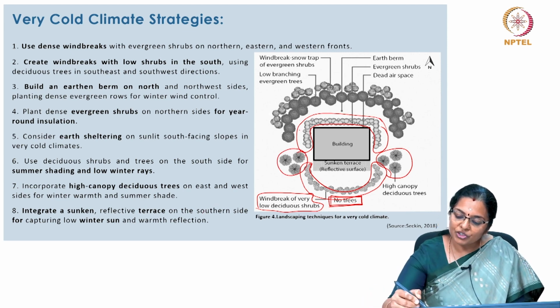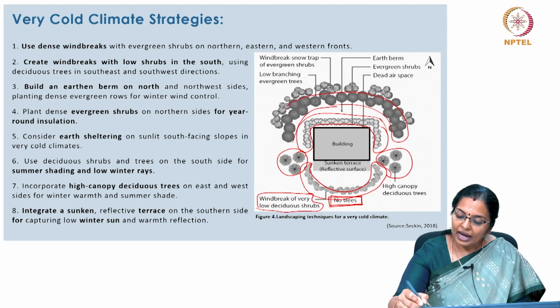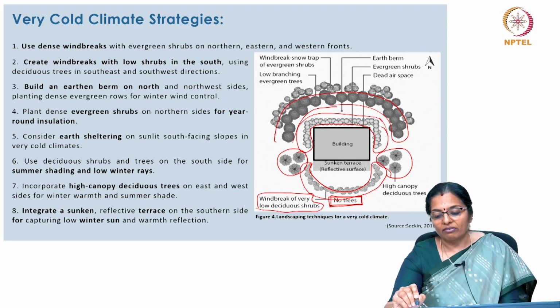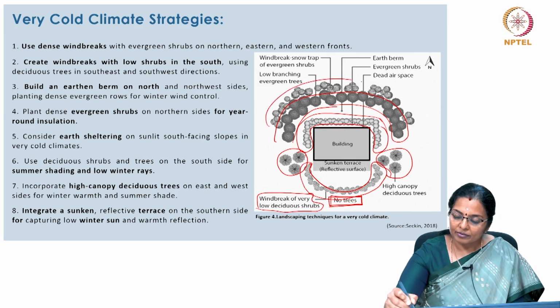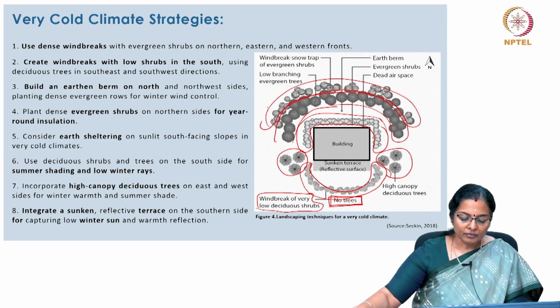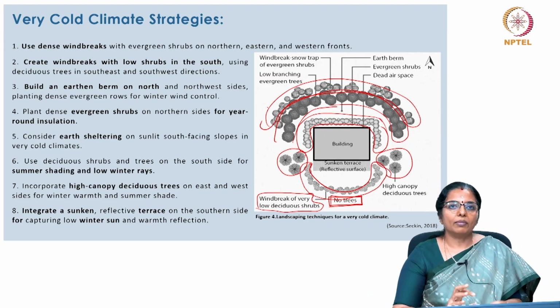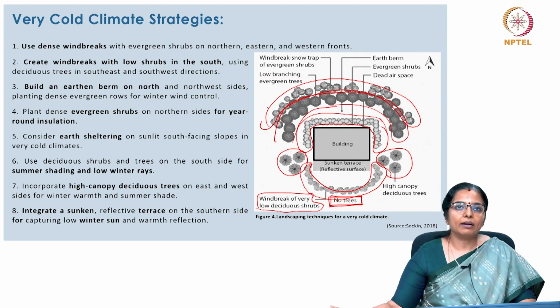Low branching evergreen trees along the north and windbreak snow trap of evergreen shrubs along the north. So, integrating all of this will help in very cold climate places.